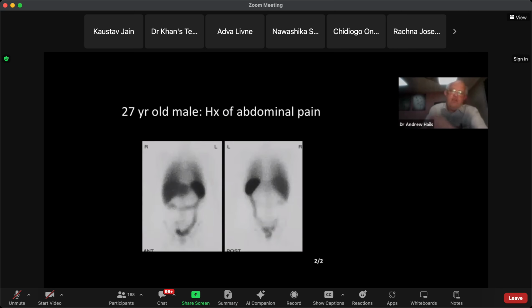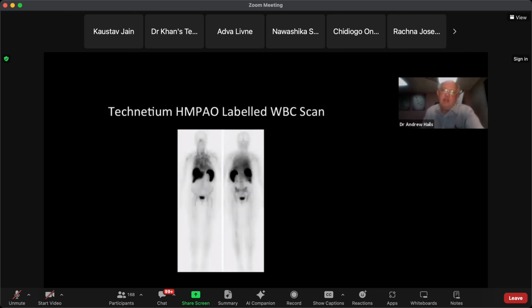It can also be used for inflammatory bowel disease, abdominal pain. Here you see we've got it involving a large part of the large bowel, ulcerative colitis. You've also got technetium-labelled HMPAO white cell scans, which give you much better resolution, and it's much better suited to the gamma camera. Very good for many parts of the body, but not so good for the abdomen, because the HMPAO is excreted in both the renal and the biliary system.